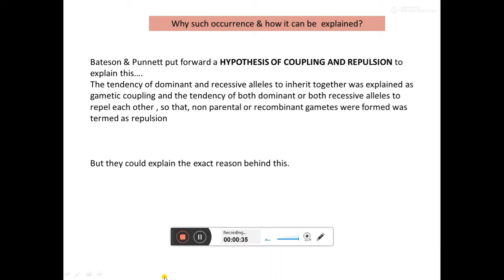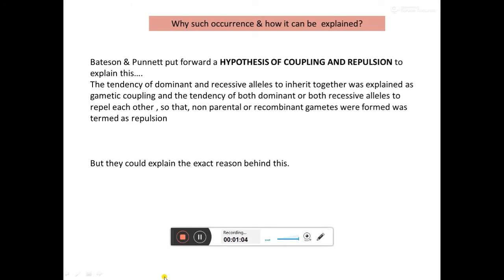They could not explain the exact reason behind this phenomenon, why the recombinant or non-parental gametes were being formed less frequently. But they said that the reason why the non-parental gametes were formed in a lesser concentration than the parental gametes could be a result of gametic coupling as well as gametic repulsion.